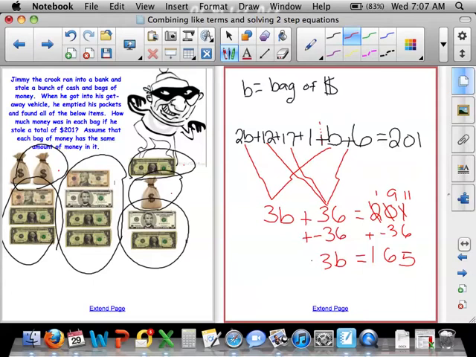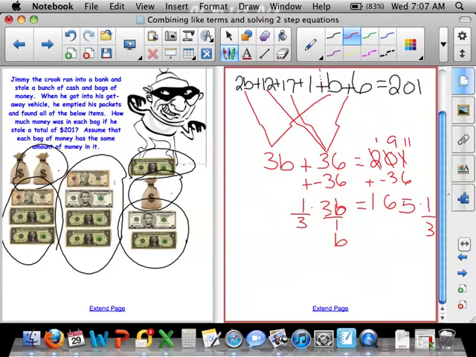So let's multiply by the reciprocal of the coefficient to both sides of the equation. We're left with one bag of money is the same as 165 times 1/3, which should be $55. So that means in each bag of money, Jimmy the crook stole $55.